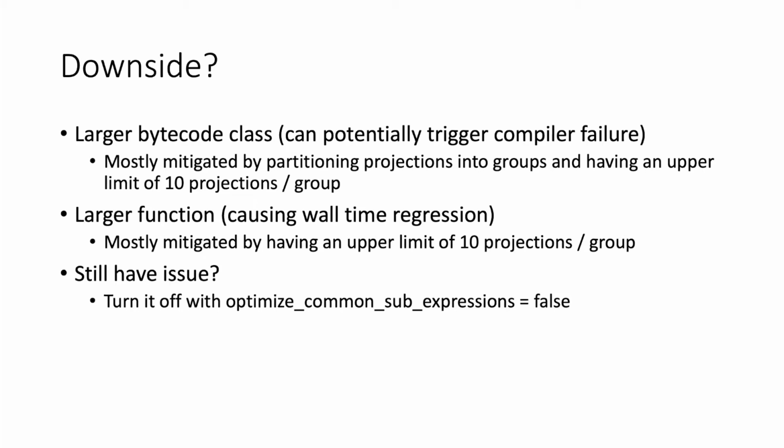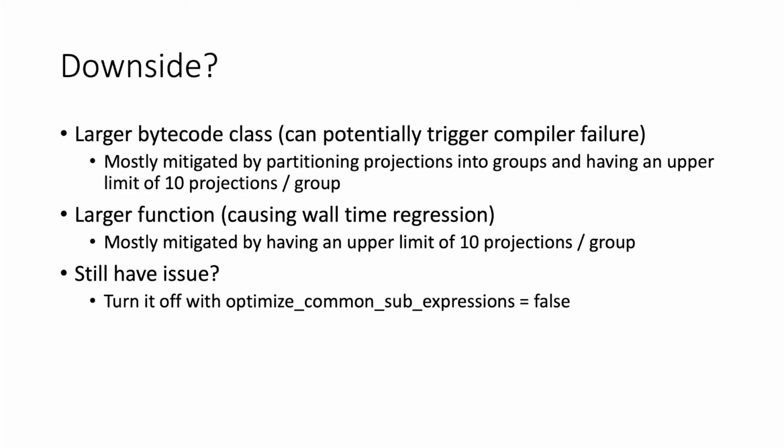We also see a problem that's triggered by similar features. We think it's because the function is large, but the behavior we see is that if you combine more than 20 projections into the same class, generate one class for that and run it, somehow there's a wall time regression.